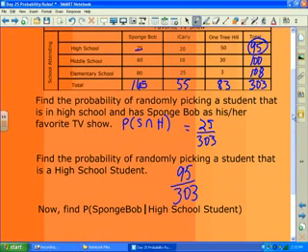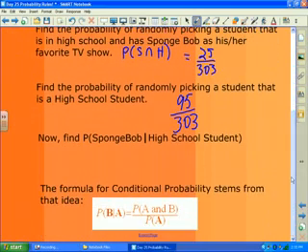Okay. Now from that, I want to build this. Now find the probability of a student liking SpongeBob as his best, given that he is a high school student. So given that he's a high school student, how many is it going to be out of? It's going to be out of 95.